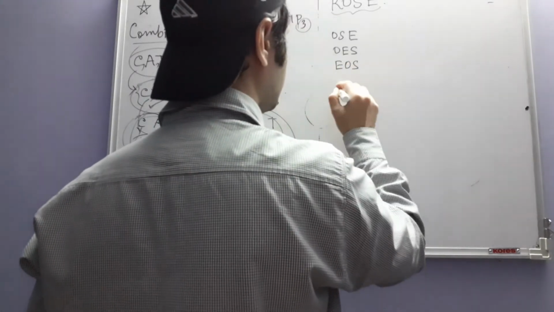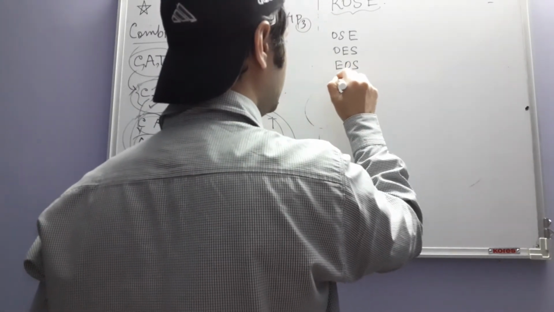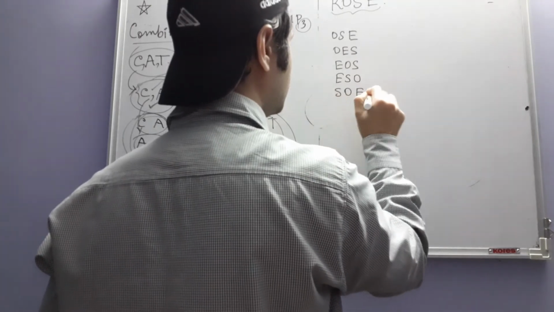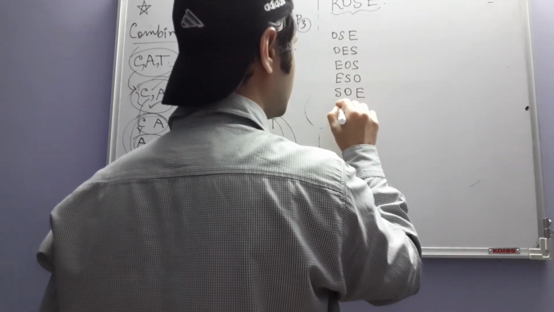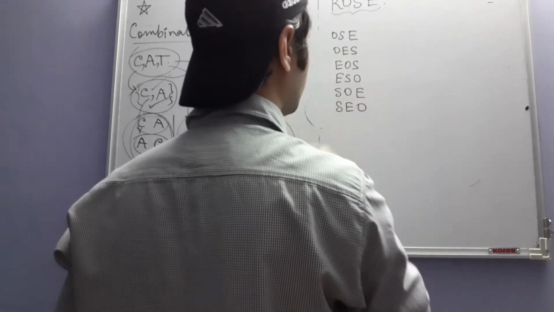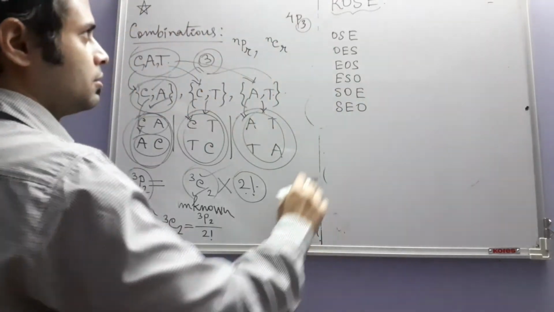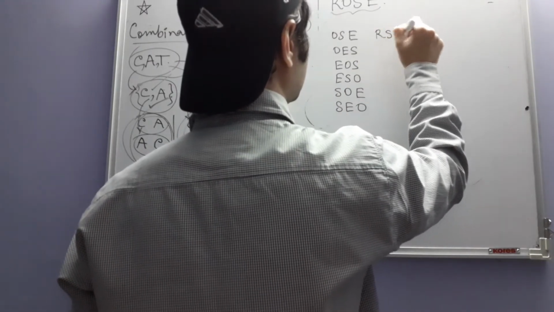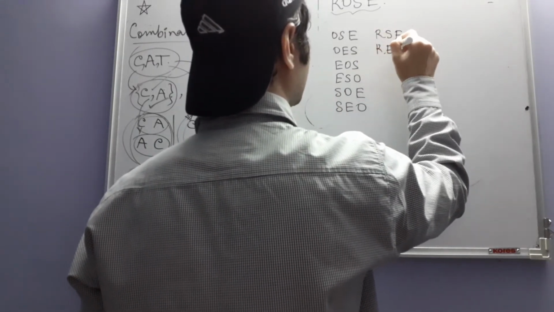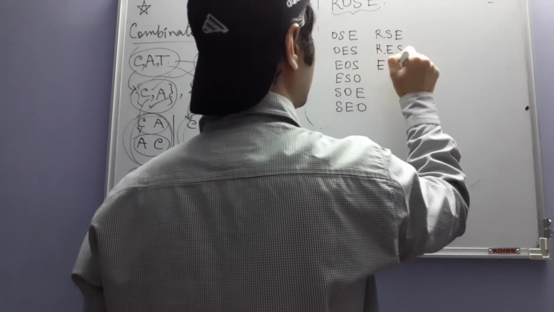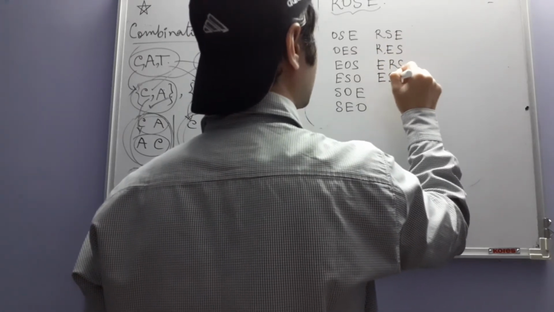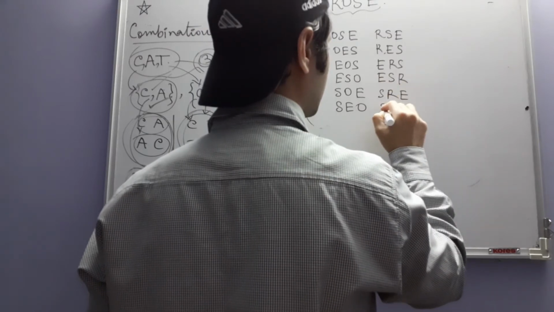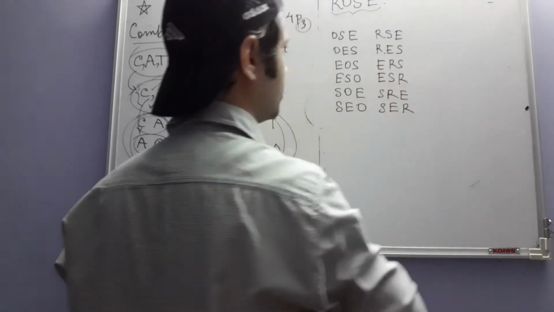So EOS, ESO, SOE, SEO, then RSE, RES, ERS, ESR, SRE, SER.